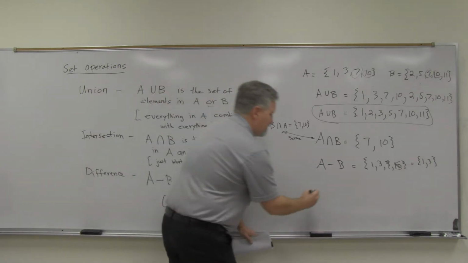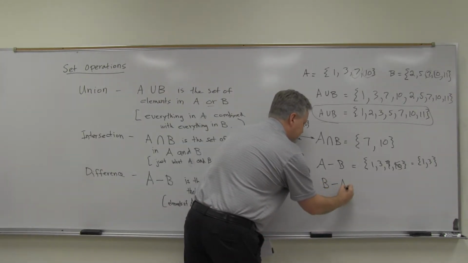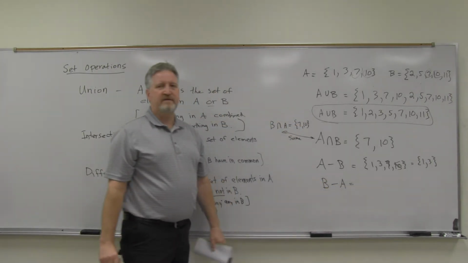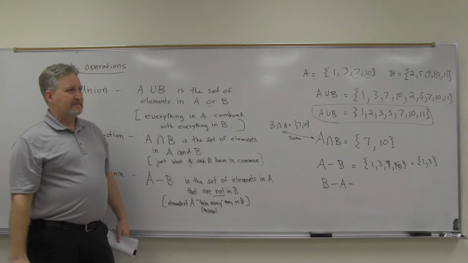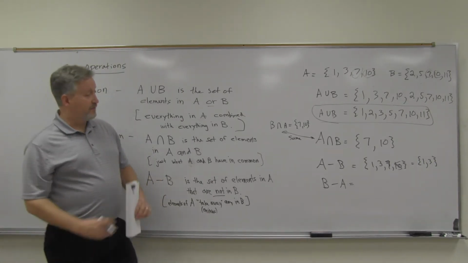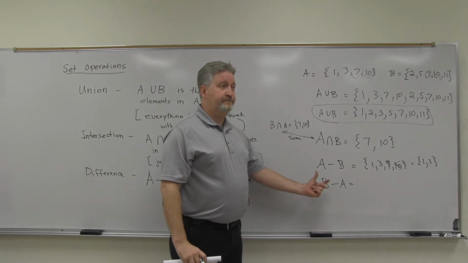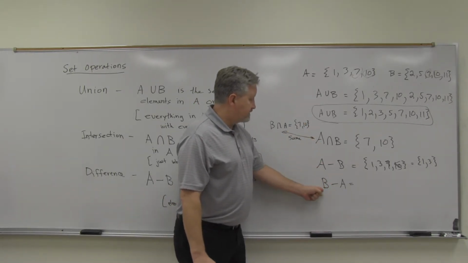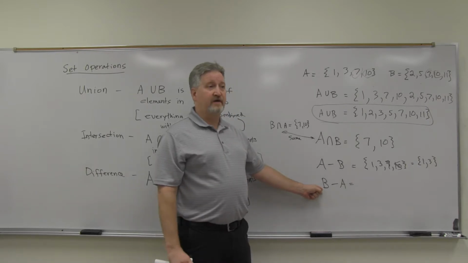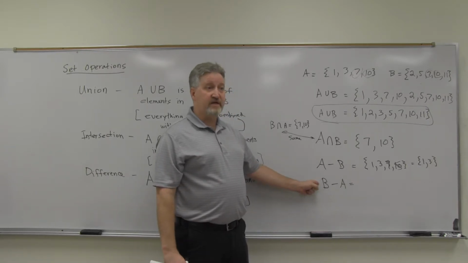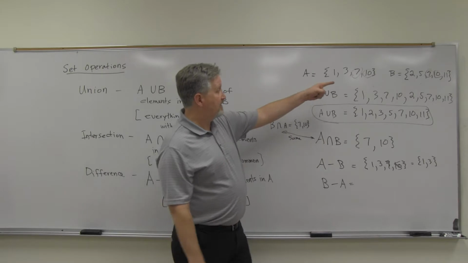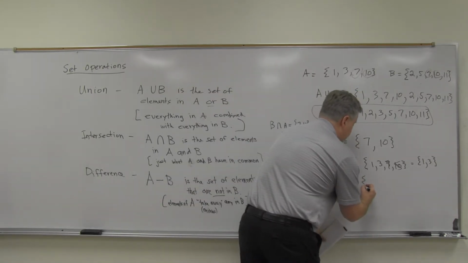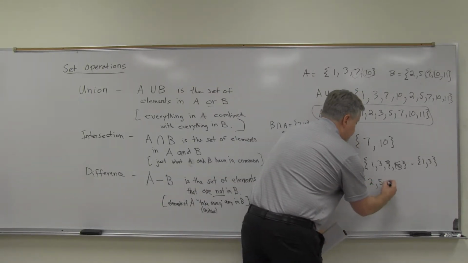But let's look at B minus A. What would we have for B minus A? Well, I switched them around, and so going with what we talked about, in this case, what do I start with? I start with B, which is 2, 5, 7, 10, and 11.